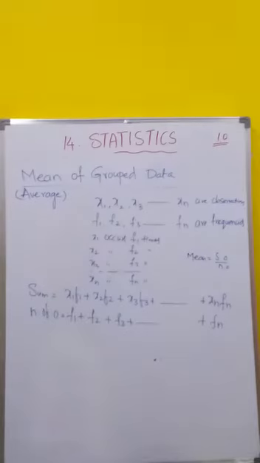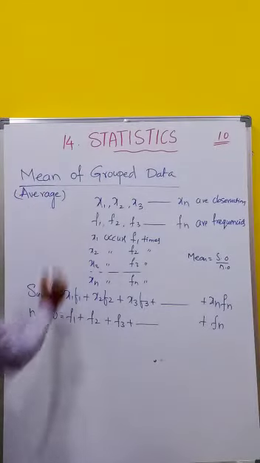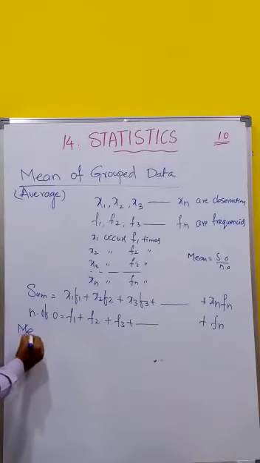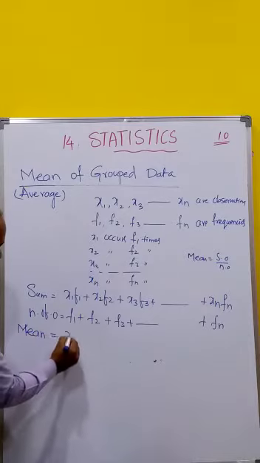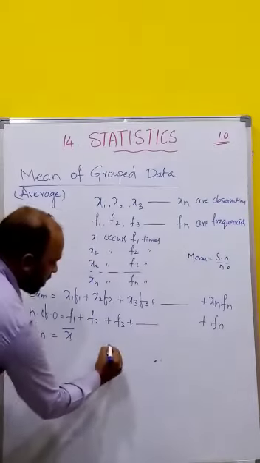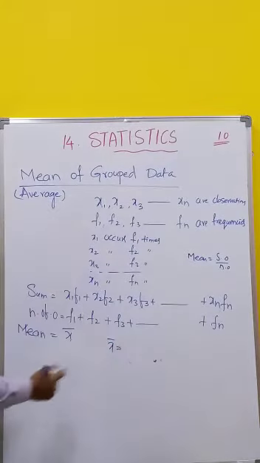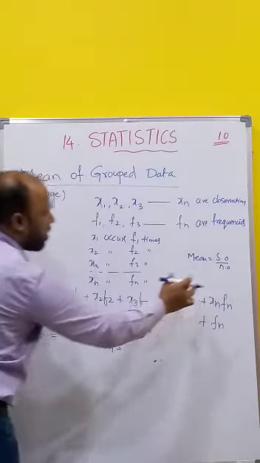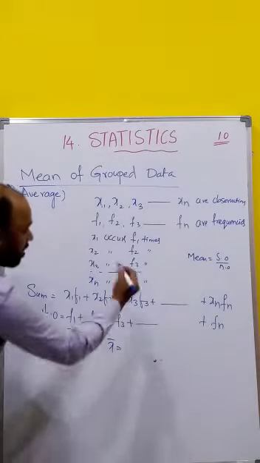Here the mean is denoted by x bar. Then x bar is equal to the sum of observations by the number of observations. This is all from class 9.